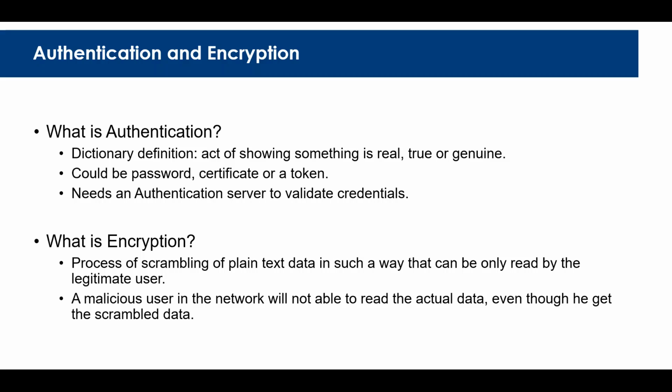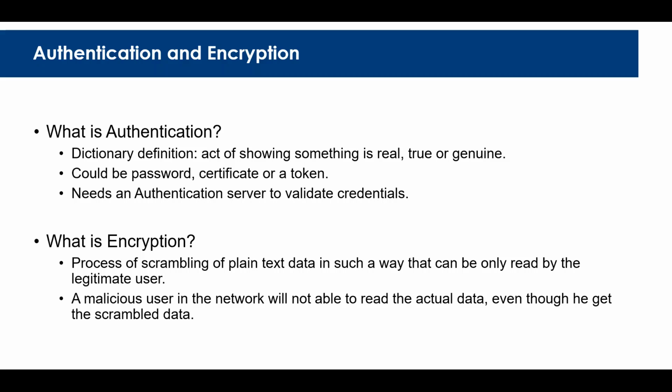A malicious user will not be able to access or read the actual content of data, even though he gets the scrambled data. Encrypted text is also known as ciphertext. Ciphers are a method of replacing the original letters with another letter, number, or symbols.